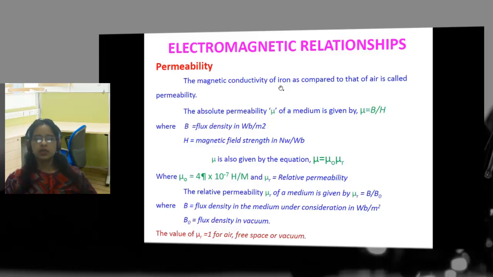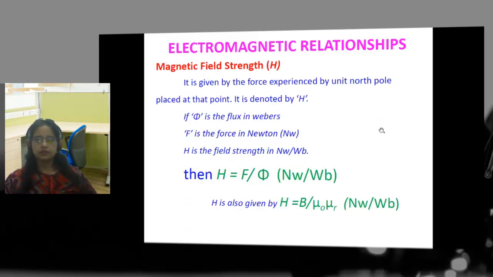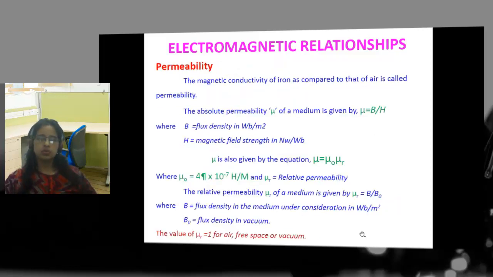The magnetic conductivity of iron as compared to that of air is called permeability. Absolute permeability is written as mu of a medium, and mu is given by B by H.